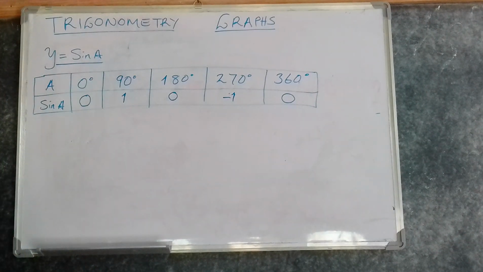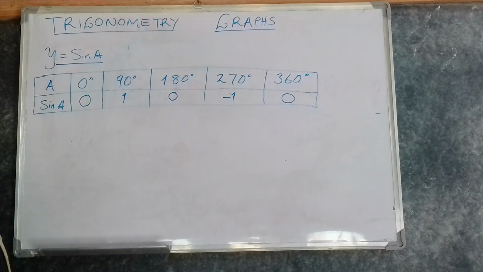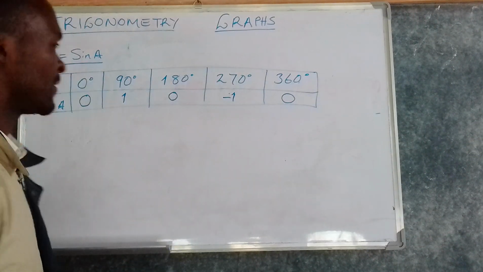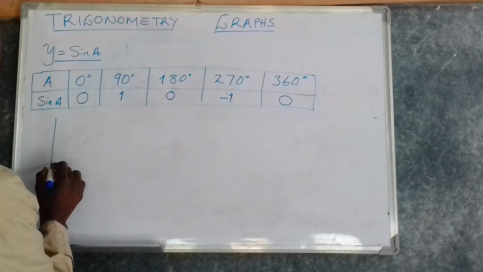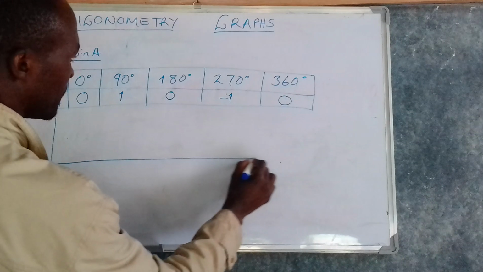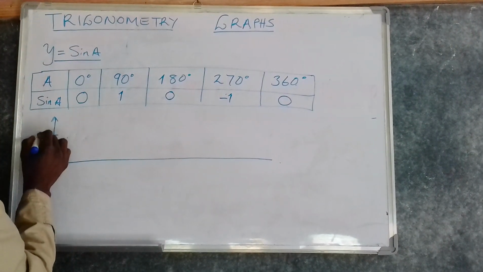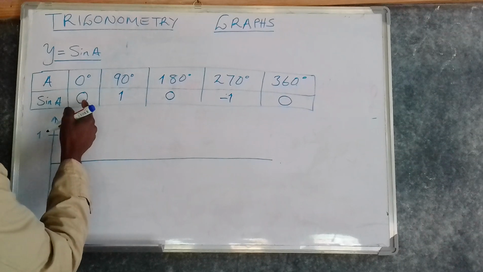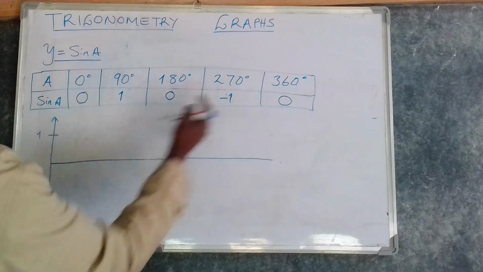Once you do this, let us now draw the graph of y equals sine A, and how it is drawn. This is positive 1, because the range is from 1 to negative 1.